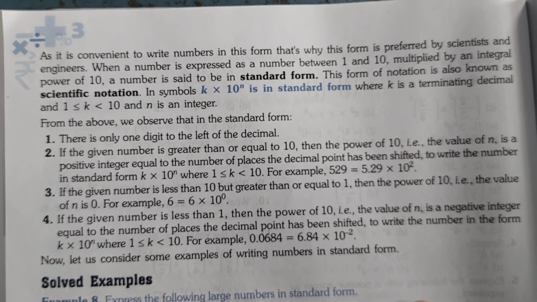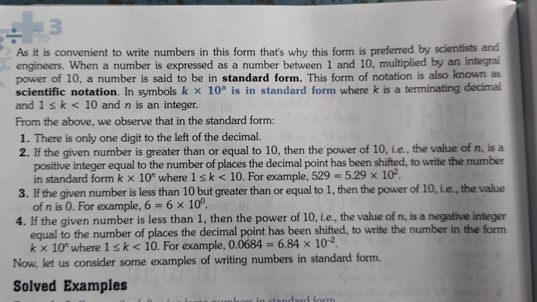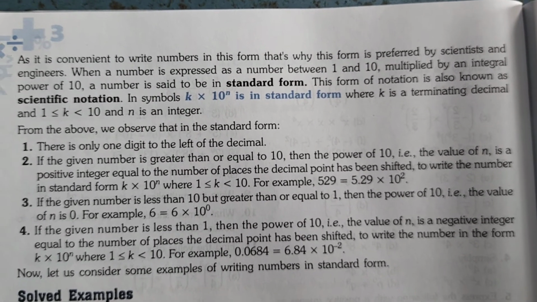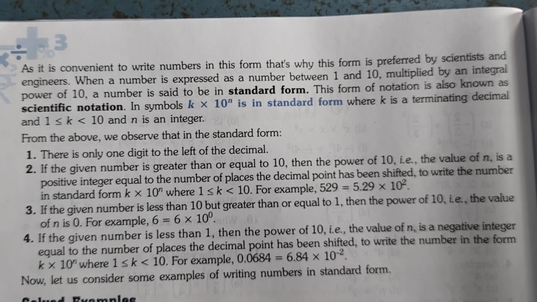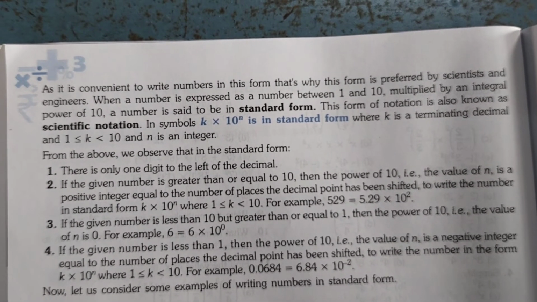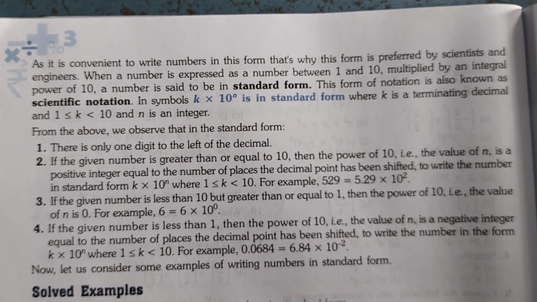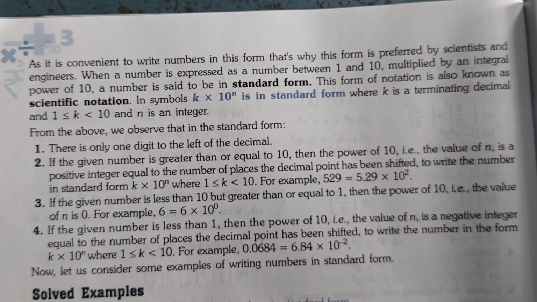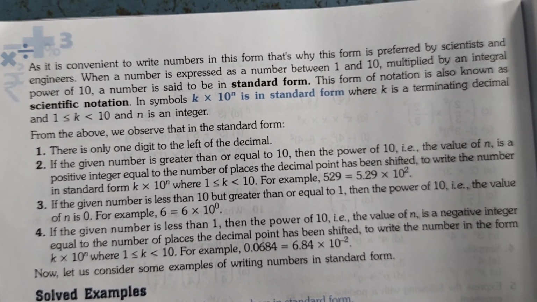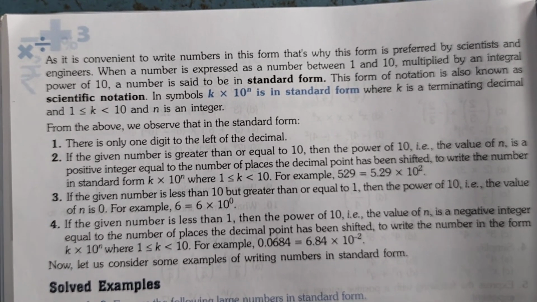For example, 529: on the left side we keep only one digit, 5.29, and we moved 2 digits towards the left. So 10 to the power 2.